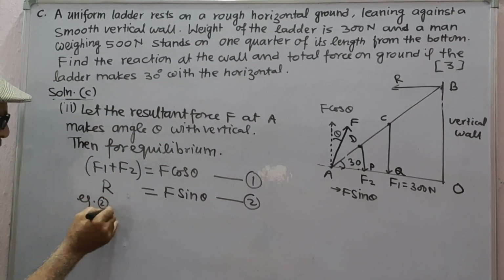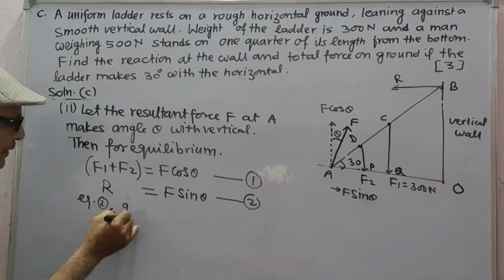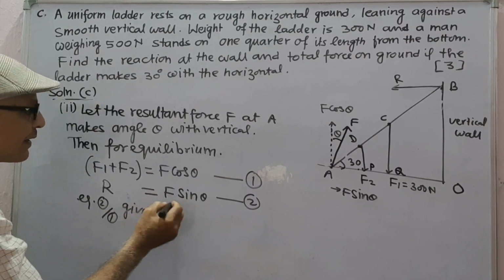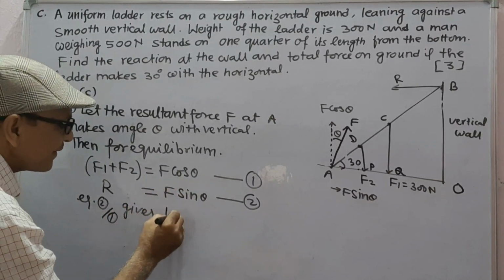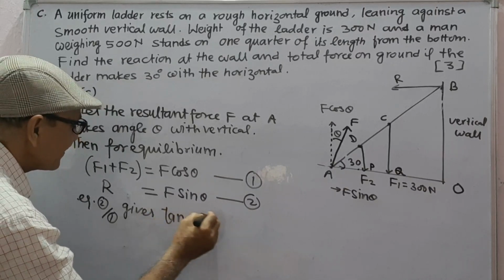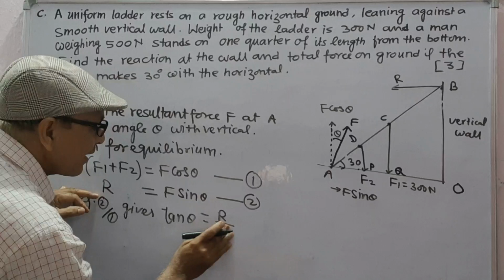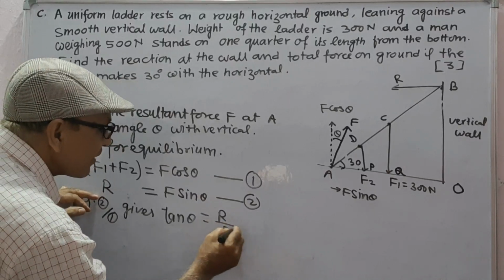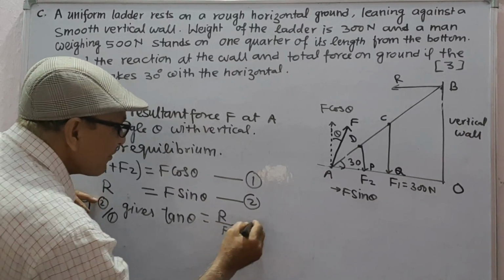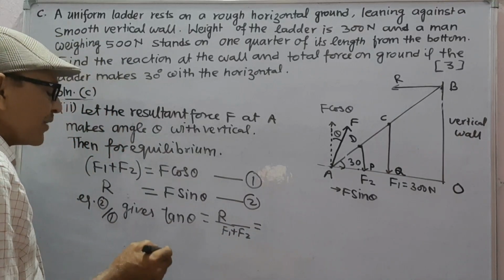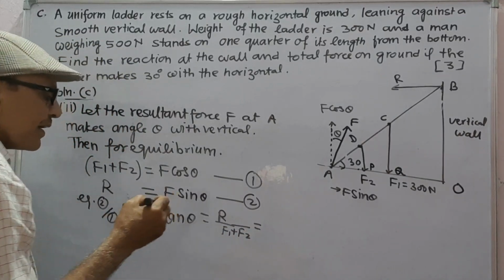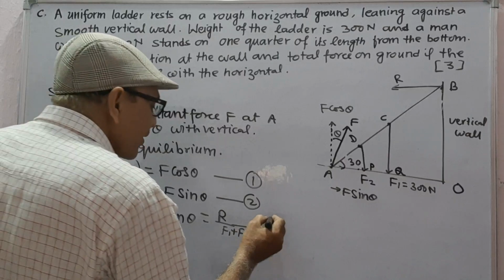Equation 2 upon 1 gives, F cancels out, tan theta is equal to R upon F1 plus F2. Values of R and F1, F2 are known.